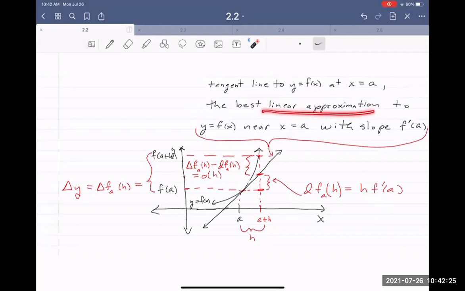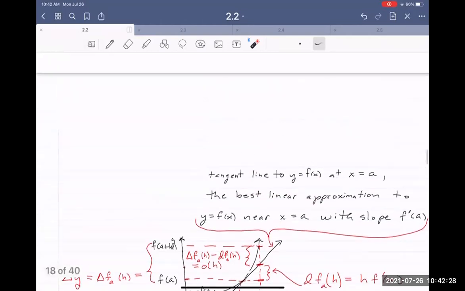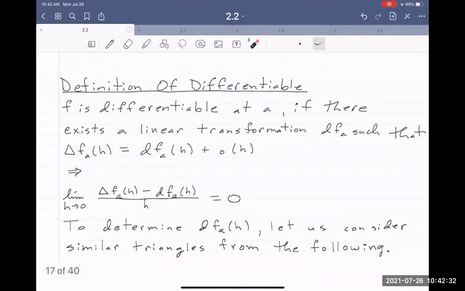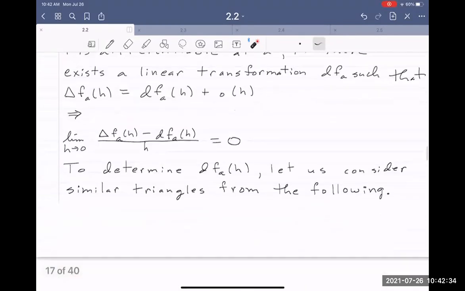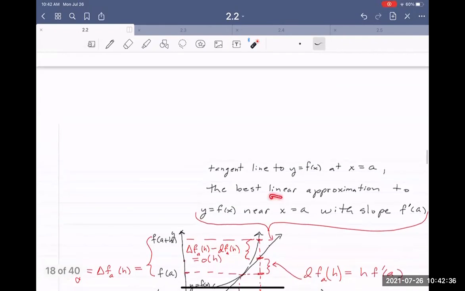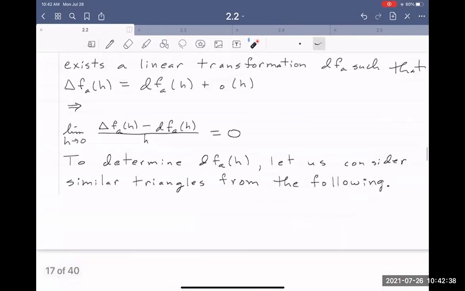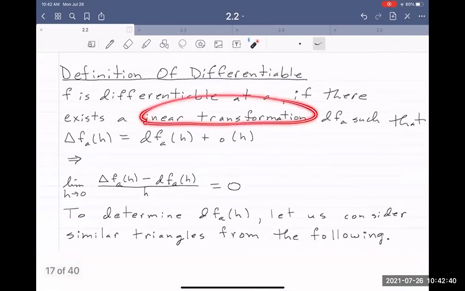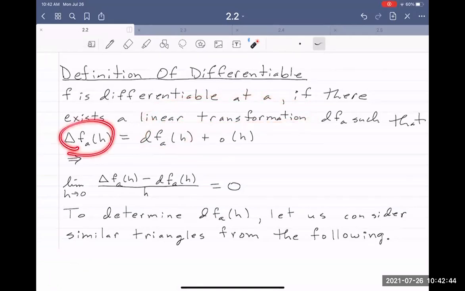So best meaning little o. Linear approximation meaning linear transformation. So this here is the best linear approximation.